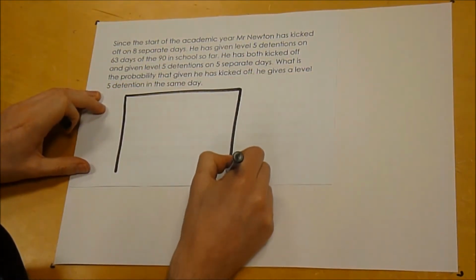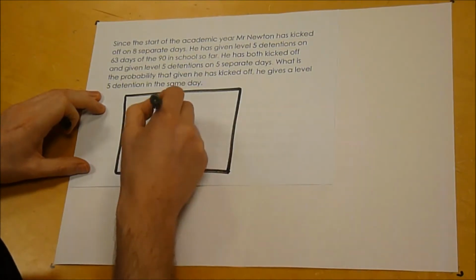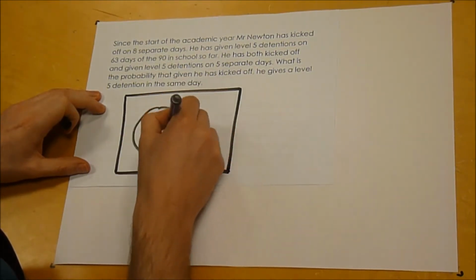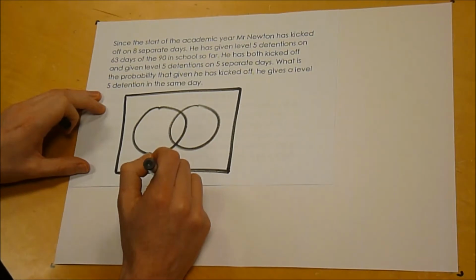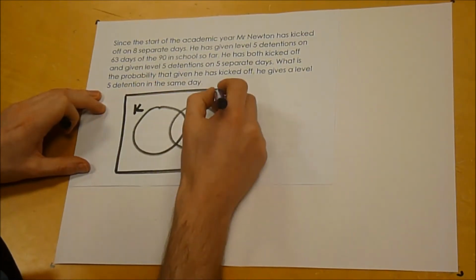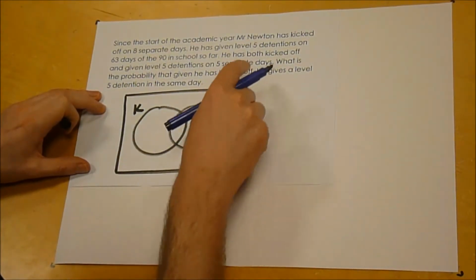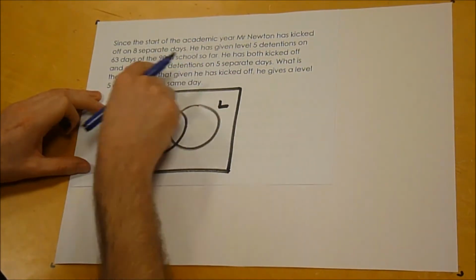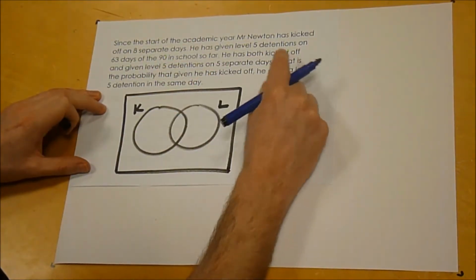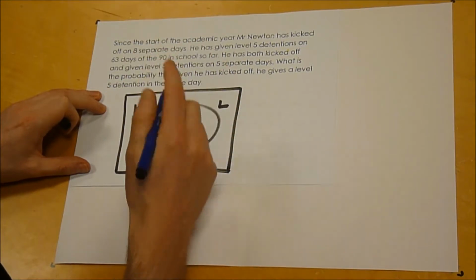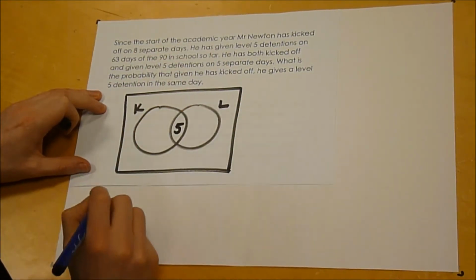So remember to draw the box. We've got 2 circles in this case, and we've got K for kicking off and L for level 5. So let's go to the middle. That's where we should always start. He's kicked off and given level 5 detentions on 5 separate days, so 5 in the middle.